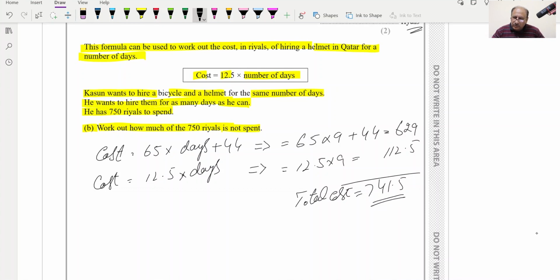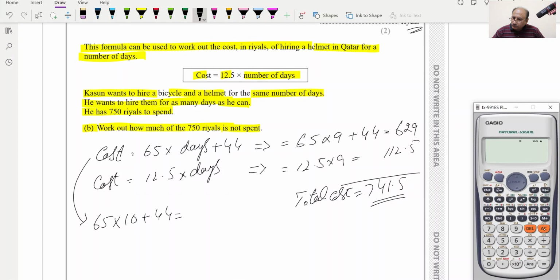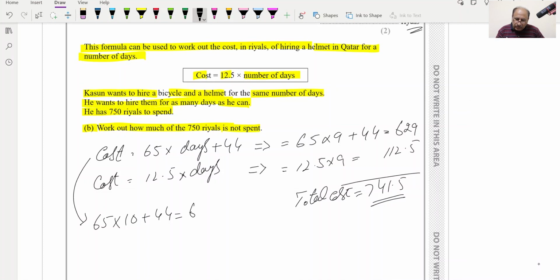If we increase to 10, for example, it will be 65 times 10 plus 44. 65 times 10 is 650, plus 44 is equal to 694, and for the helmet for 10 days it will be 125.